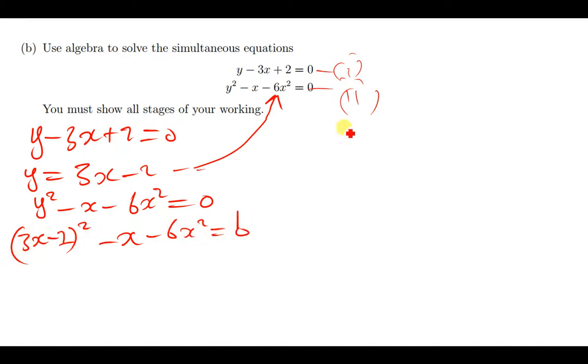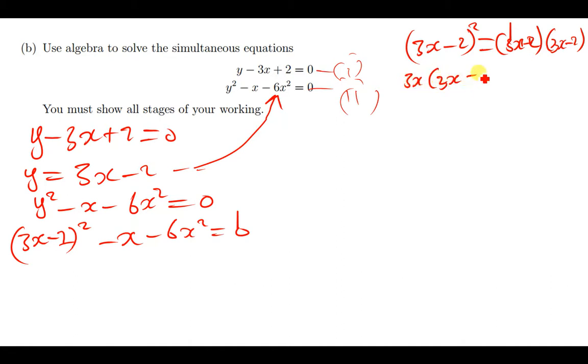So this part alone is just the same as 3x minus 2 times 3x minus 2. So when we multiply that, this is just the same as 3x multiplying with everything in the second bracket.